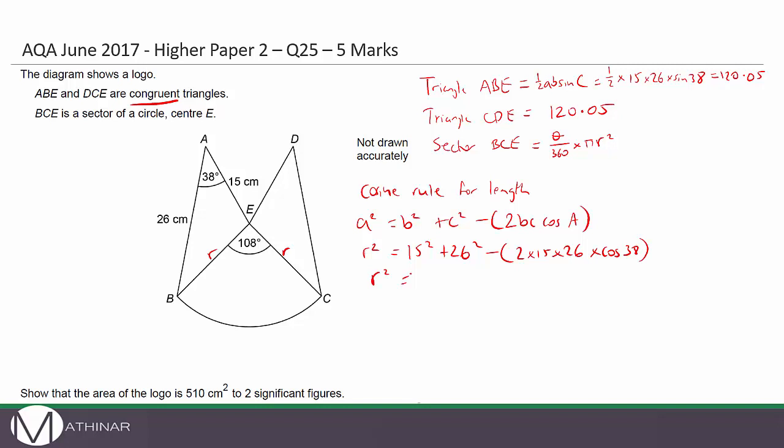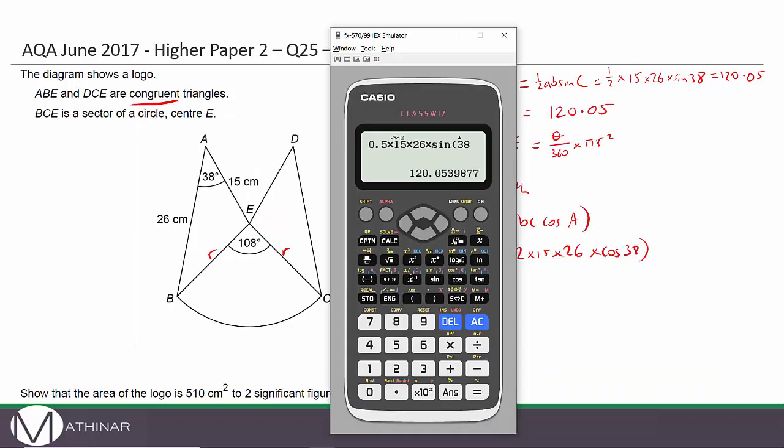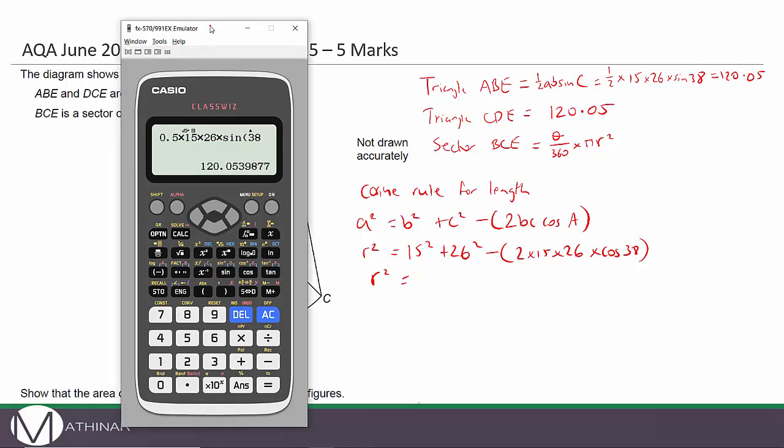R squared, I'm going to type that into my calculator. 15 squared plus 26 squared minus 2 times 15 times 26 times cos 38.